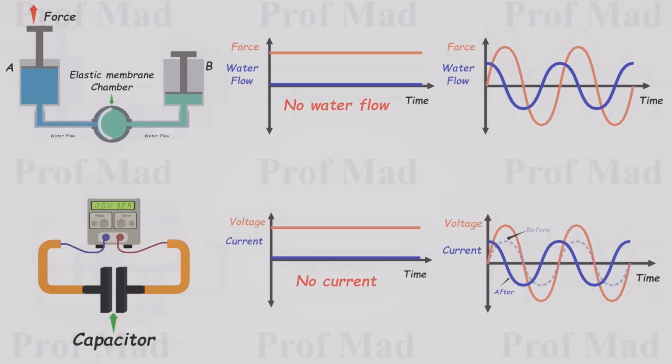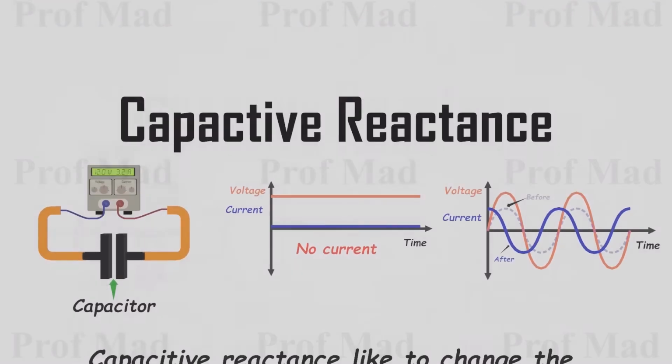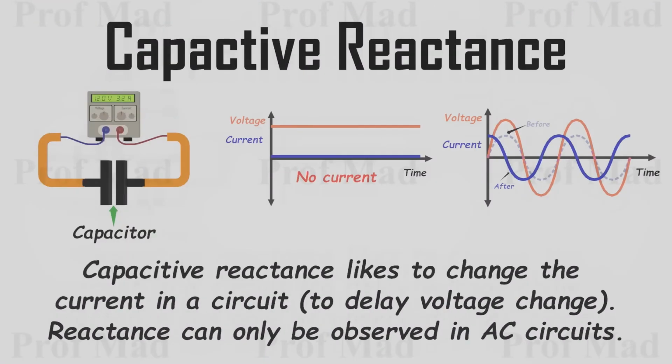But in alternating current, current consistently leads voltage. This phenomenon is referred to as capacitive reactance. As we mentioned at the beginning of this video, capacitive reactance is not observed when the voltage remains stable. Since current does not change in DC circuits, capacitive reactance is not evident in DC circuits.